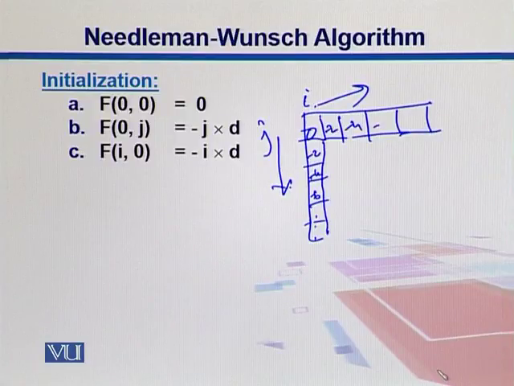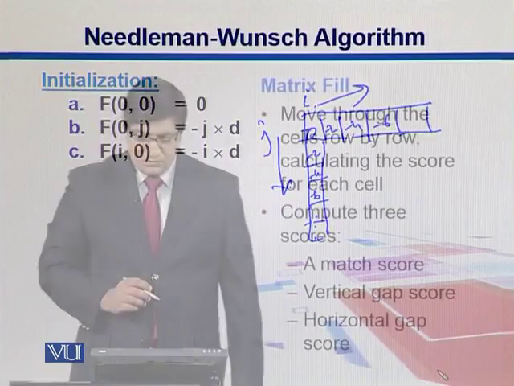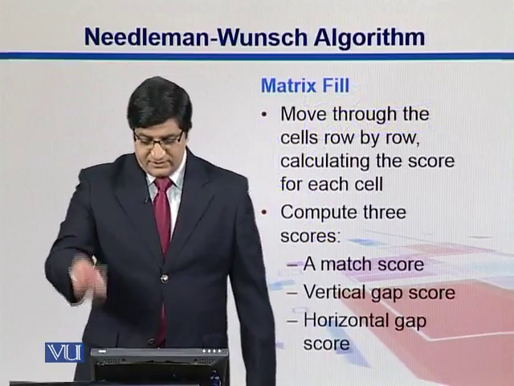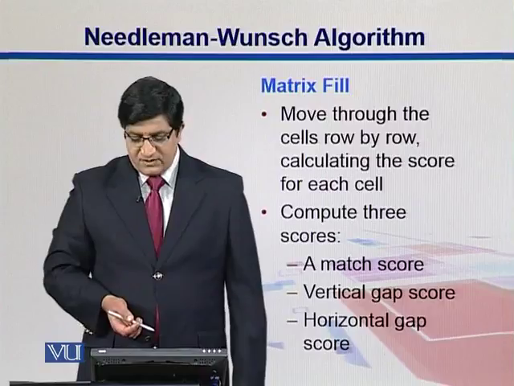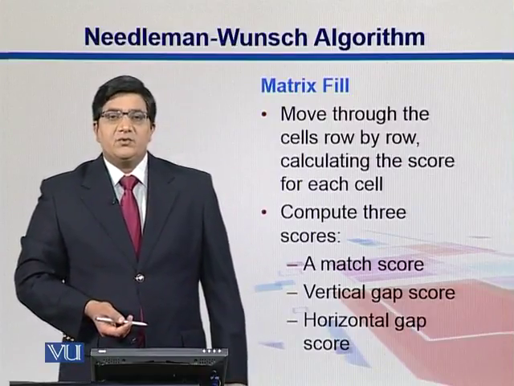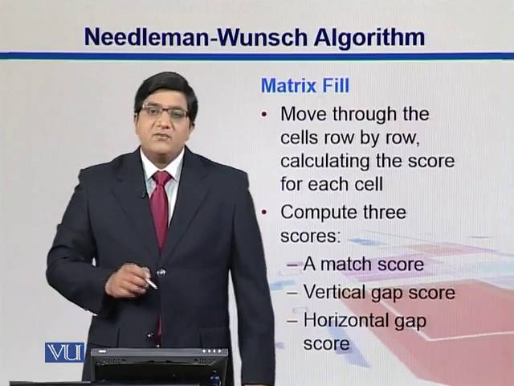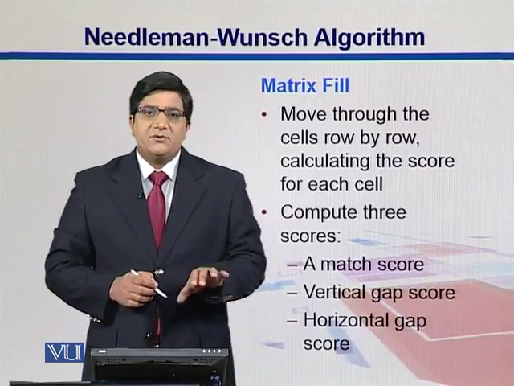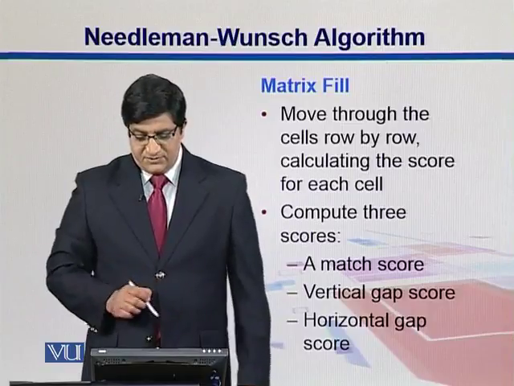Then we move through these cells row by row, calculating the score for each cell. That is where we do matrix filling. In this way we can compute 3 scores: a match score, where 2 residues match. We can also take the mismatch score, but in the algorithm we just put this match score.